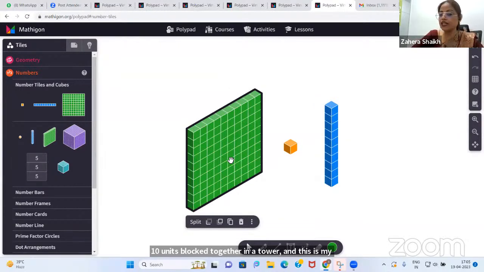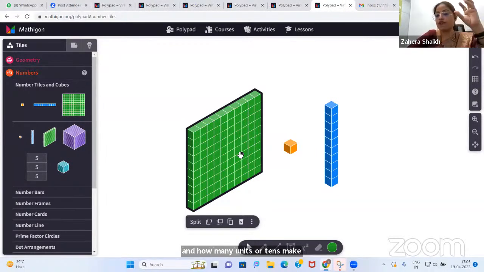So first of all, the child needs to understand how these numbers are represented and how many units or tens make these numbers, right? This is what we are developing, the flexibility of number representations. Here I would like to add one more important thing. Until your child is proficient in understanding and quantifying numbers, do not introduce counters or abacus in the class, because they are still learning and making sense of number.